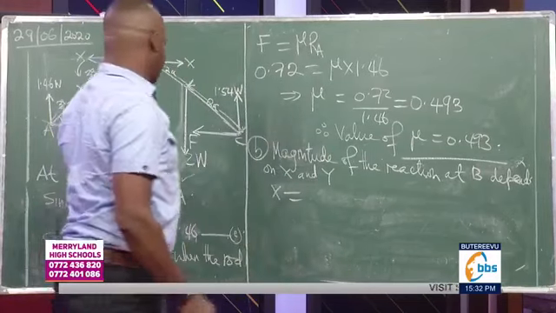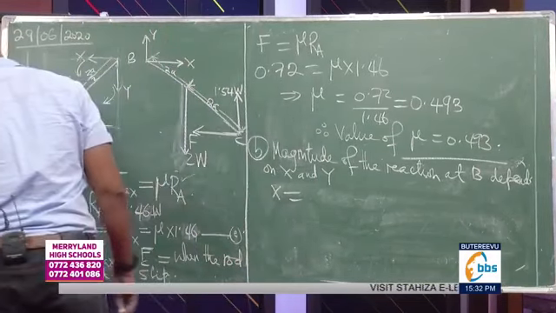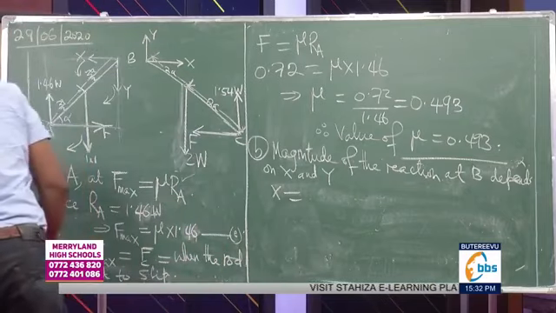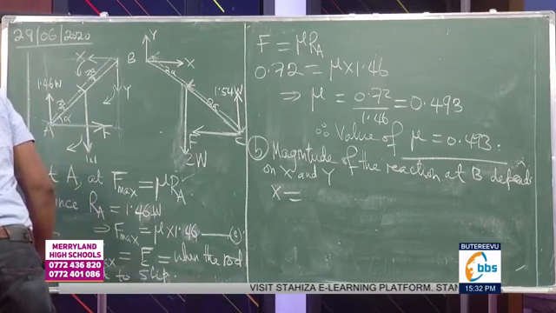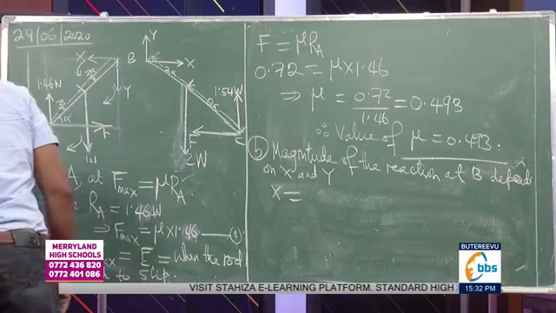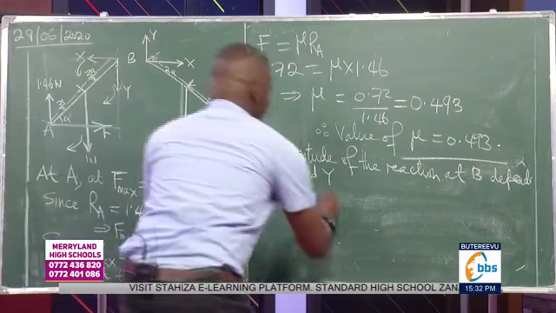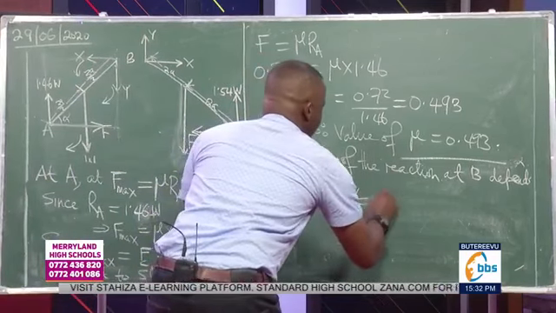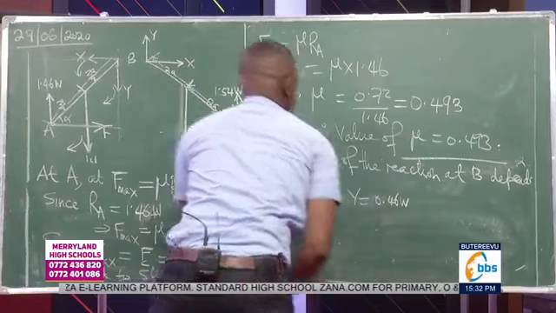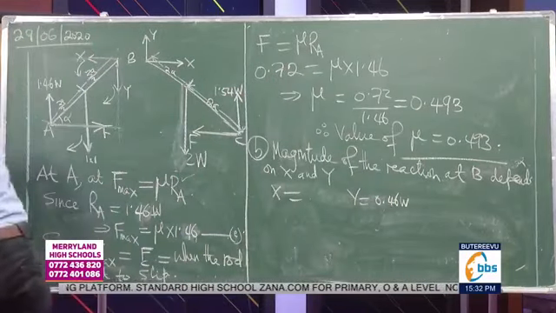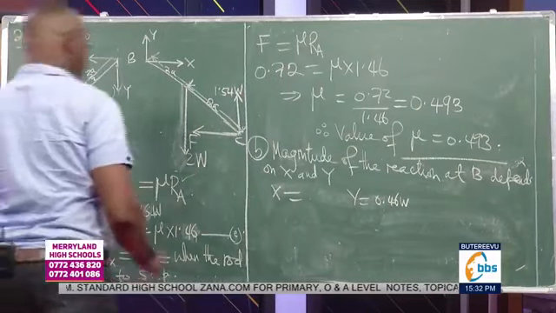Remember, we got these values. What was our value of X? Our value of Y was 0.46 W, and our value of X, I want to cross check, was 0.72.